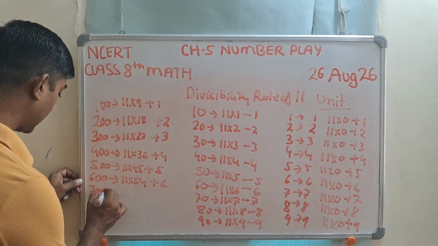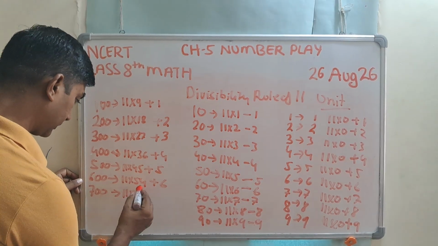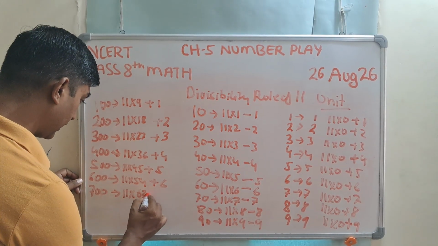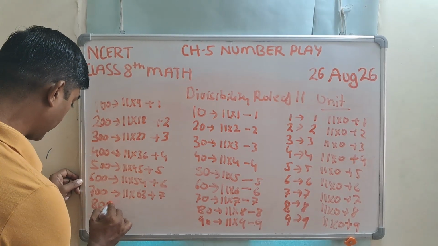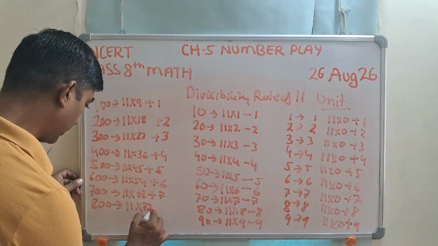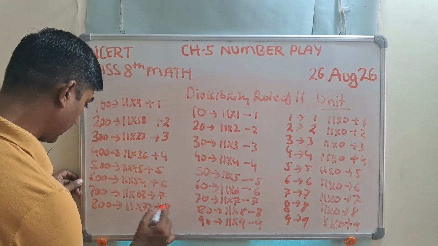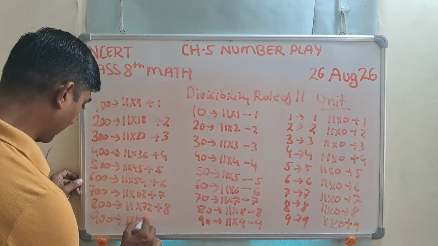In case of 700, what you will get? 11 into 63 plus 7. In case of 800, what you will get? 11 into 72 plus 8. Or in case of 900, what you will get? 11 into 81 plus 9.